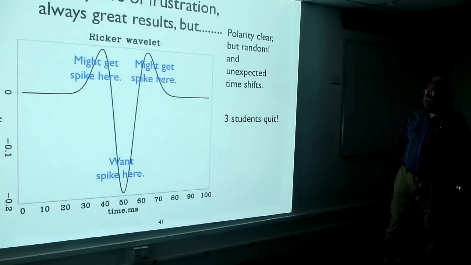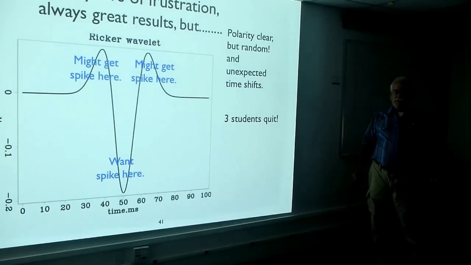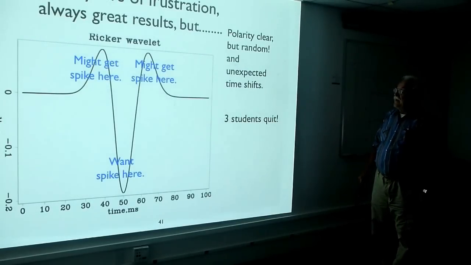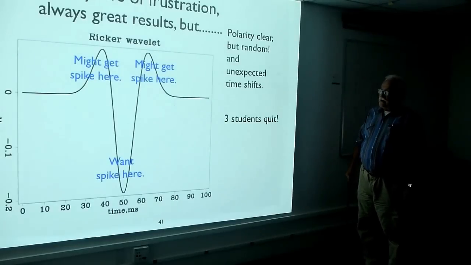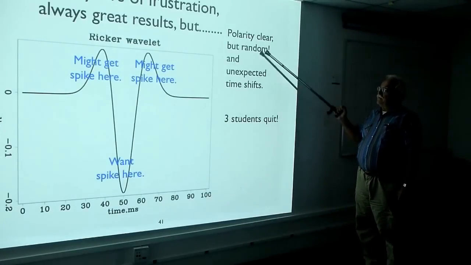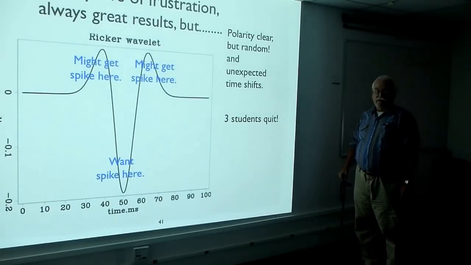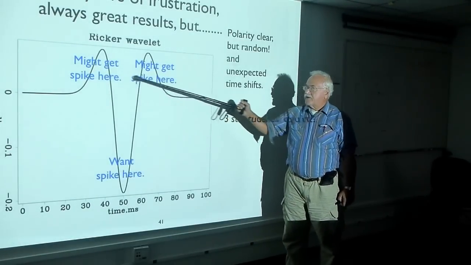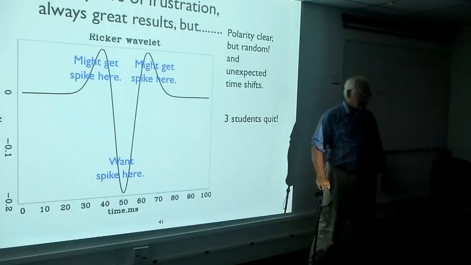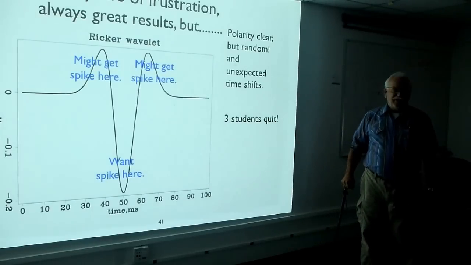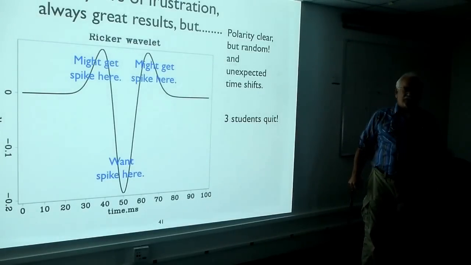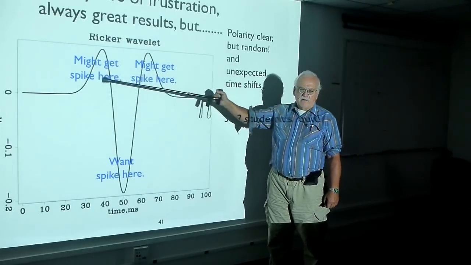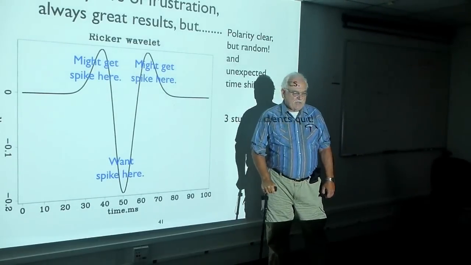So I've been working on this for 2 years, and we got some fabulous results right in the beginning, and I was really excited about that, reported it to sponsors. The polarity was always very clear, but it was random. What would happen is sometimes it would be spiking here, and sometimes it would spike in these other locations. And you change some rather trivial parameter, and it would change the place you'd get the spike. And the net effect was really disturbing, because if it jumped from here to over here, there seemed to be a big time shift on your seismogram.